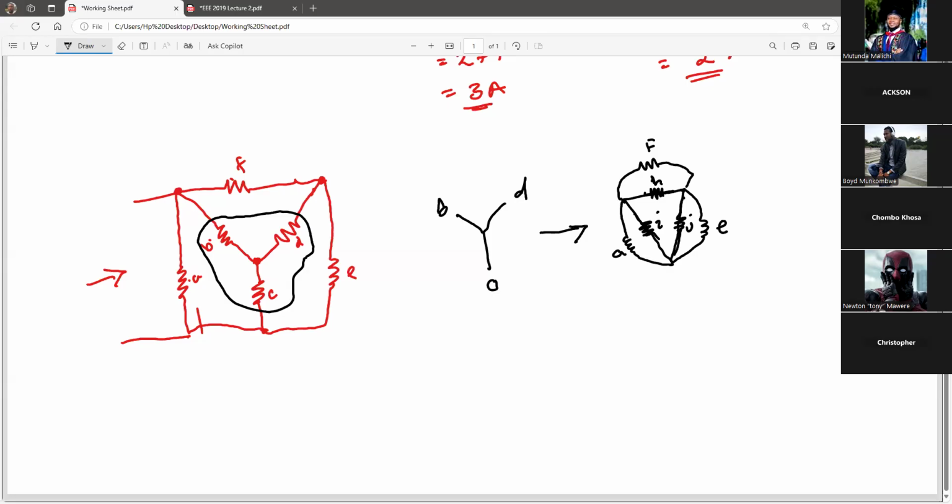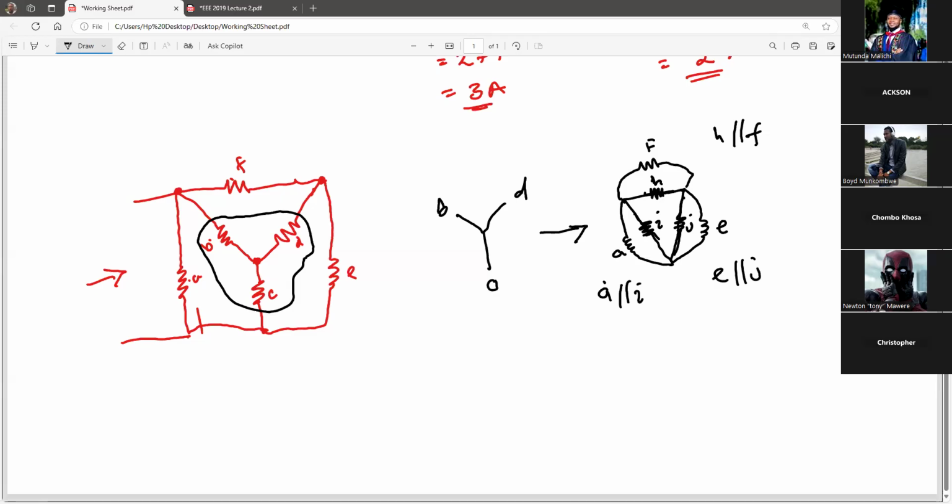Then you realize that H is in parallel to F, E is in parallel to J, A is in parallel with I. Then you know already how to do the parallel combination.